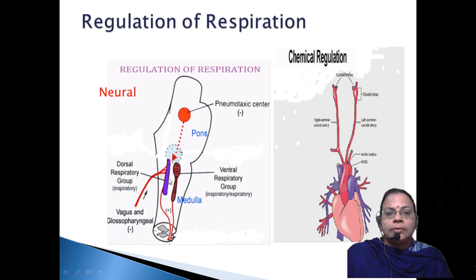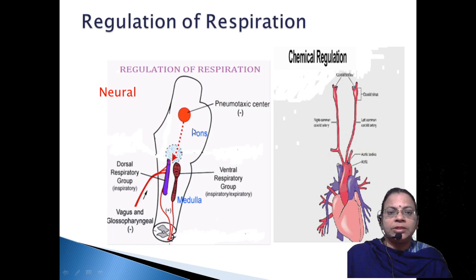And the second center, which is located in the pons, is the pneumotaxic center. The pneumotaxic center will moderate the functions of the respiratory rhythm center. That means it will increase the breathing rate and reduce the duration of breathing.